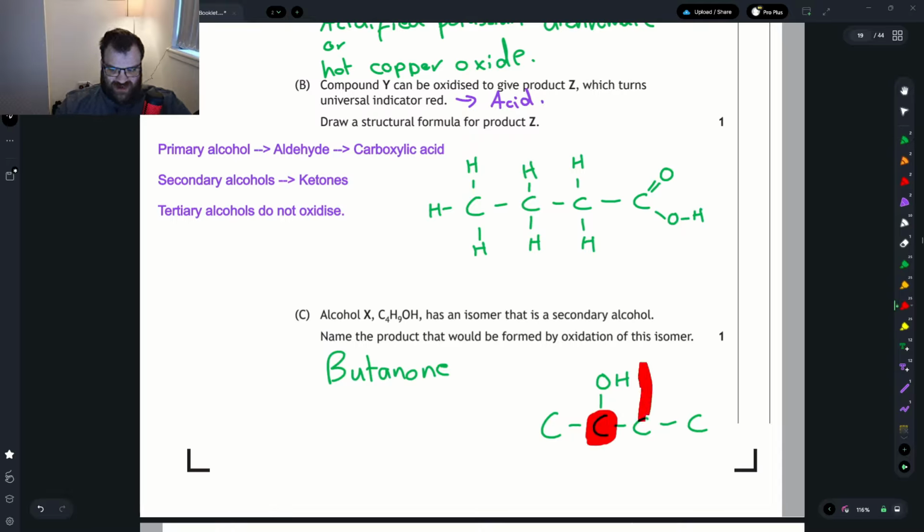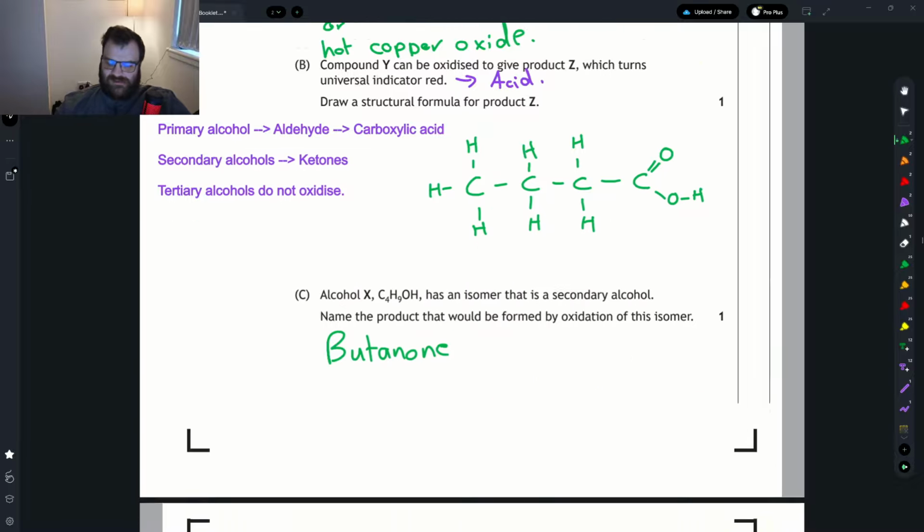If it was on this carbon here, it's the same thing, so it doesn't matter. So when we turn it into a ketone by making it double bond O, that has to be in position 2. If we have a longer one, say it was pent, well, this would be pentan-2-one. This would be pentan-3-one. So there are differences, but here I'm not going to put the number in.